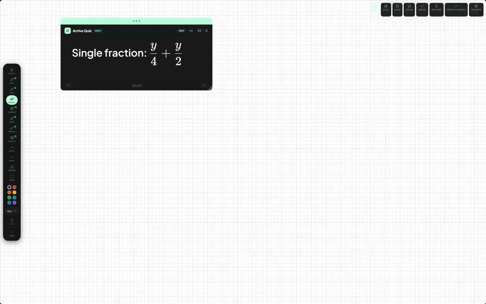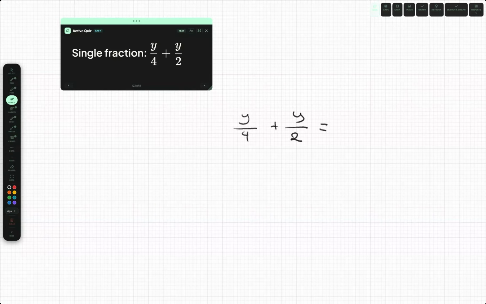We have y over 4 plus y over 2. Right, so the first thing we're going to do is find a common denominator between the two. Now, obviously, we can make it a 4, and we can change the entire term.